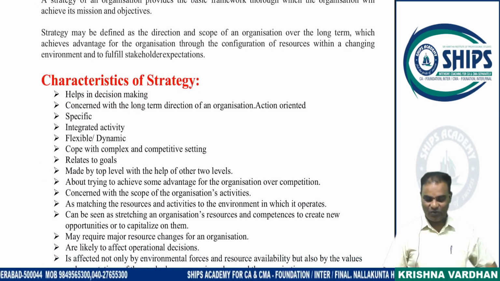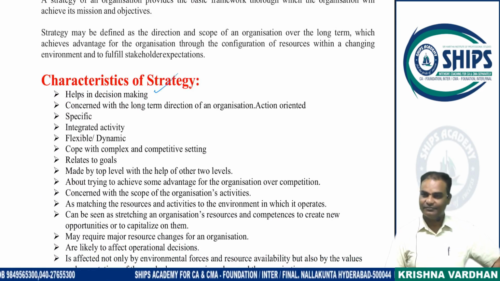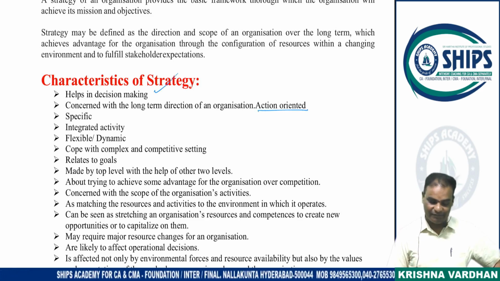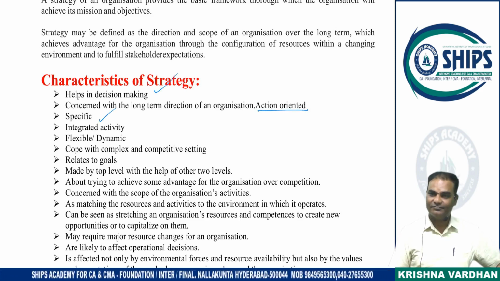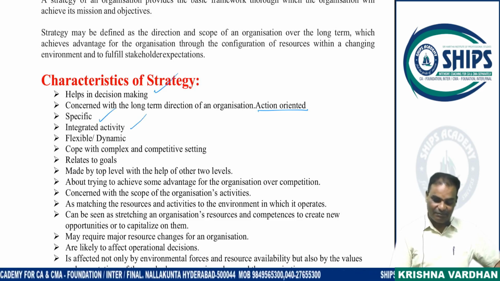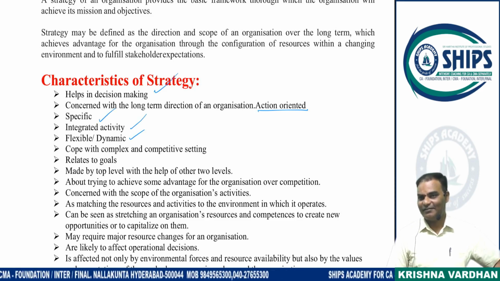What are the characteristics of a strategy? It helps in decision making. It is concerned with long-term directions of a company. They are action oriented. They are specific. They are integrated plans, means integrated activity. Strategy can be dynamic, flexible. What does it mean?